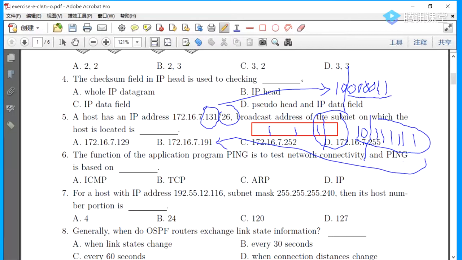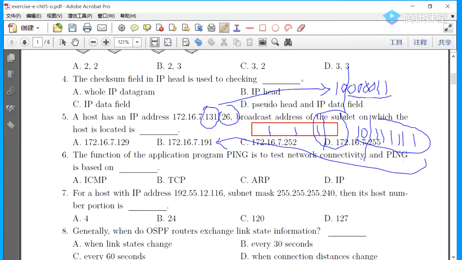Since the boundary is in the 4th byte, we only need to turn the last byte 131 into binary notation, 10000011.